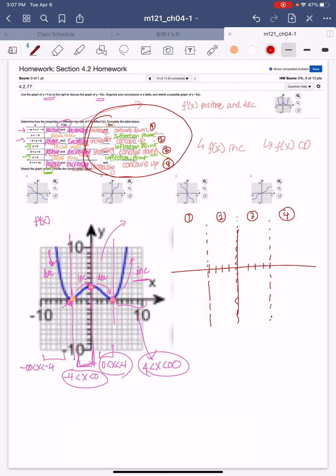So I like to sketch it and match my graph with the options. First one, you have an increasing and concave down. Concave down generally means this shape, but you are not going to have an entire concave down part. You only have increasing and then concave down. So if you read through left to right, the function is increasing and concave down.